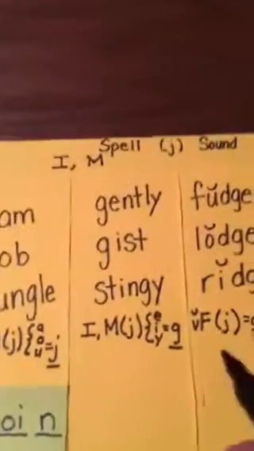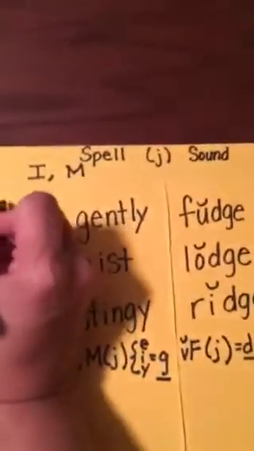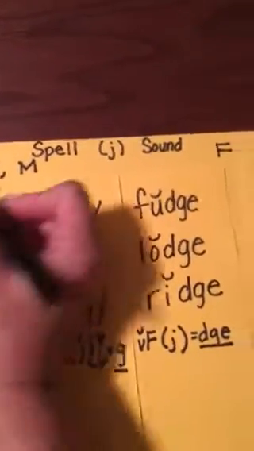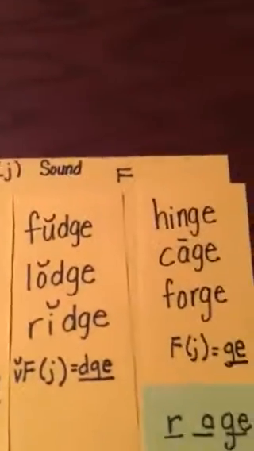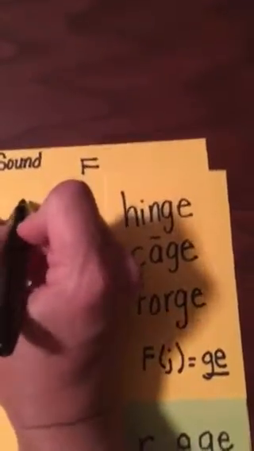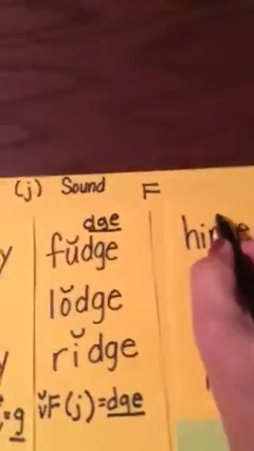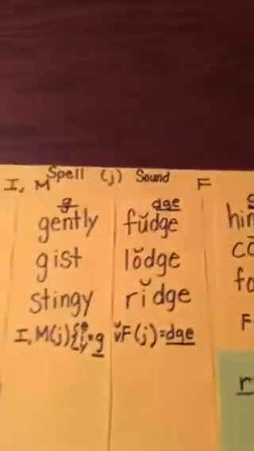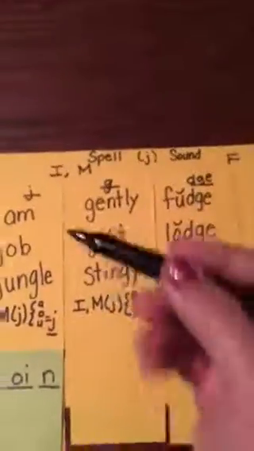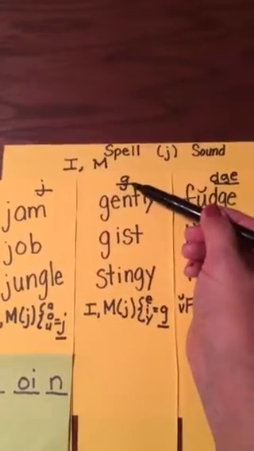This means that there are 4 ways to spell the J sound. In the initial and medial position, I can either choose a J or a G. In the final position, I can either choose the trigraph D, G, E, or I can choose G, E. So now when I do my spelling sounds, I'll say J, comma, G. We use comma to separate.